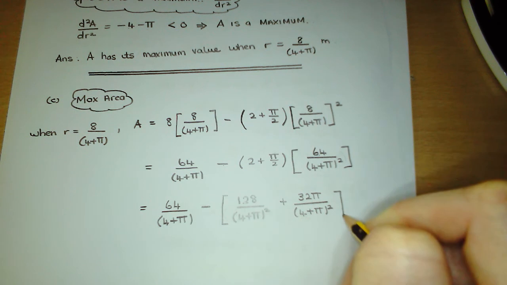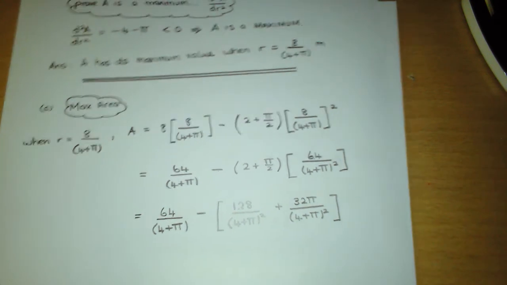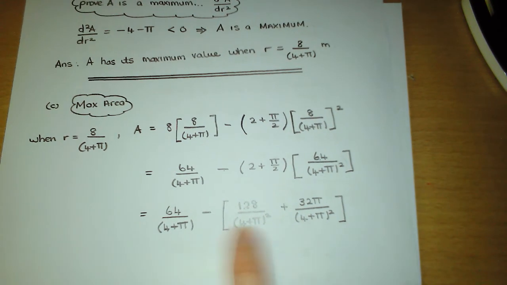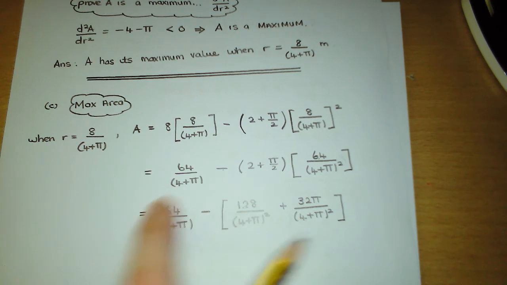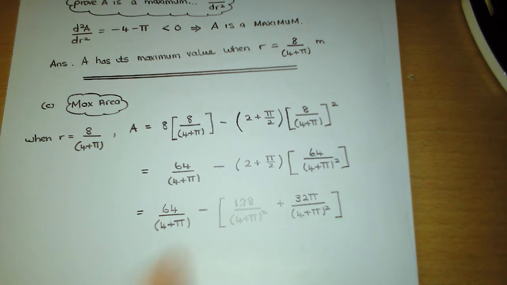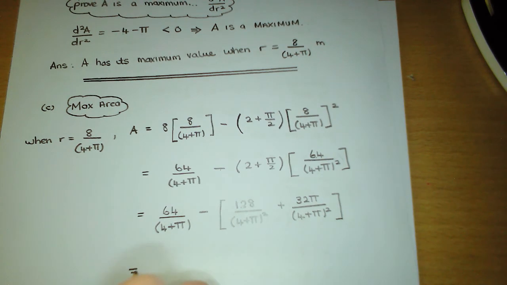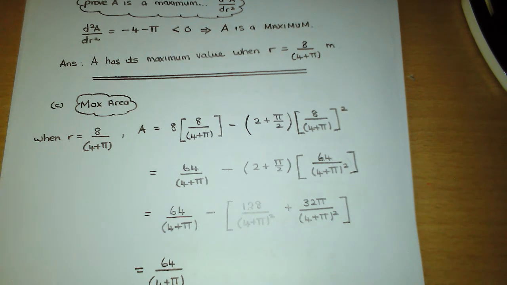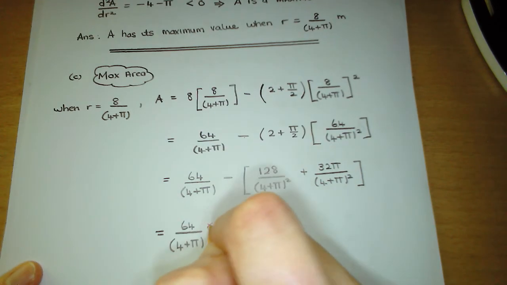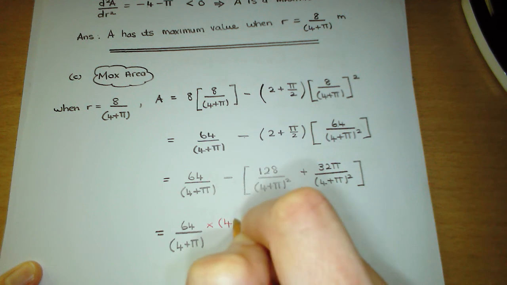Okay. The good news is all the denominators are nearly the same, so we need to make this 4 plus pi the same as 4 plus pi all squared. So we're going to multiply this first fraction top and bottom by 4 plus pi. So we're going to get 64 over 4 plus pi, and then we're going to multiply that top and bottom by 4 plus pi.